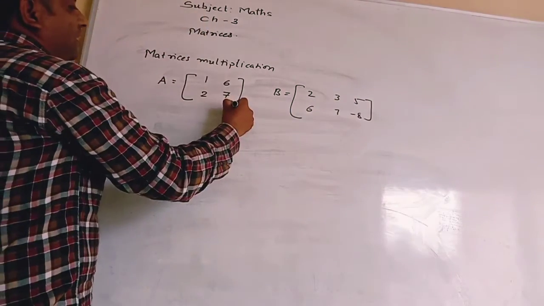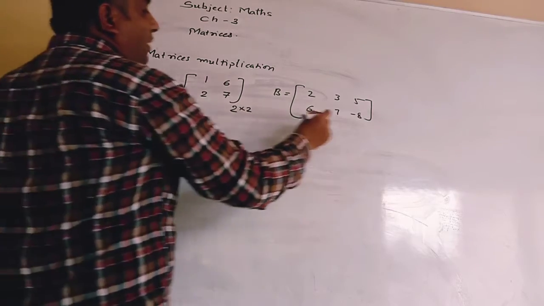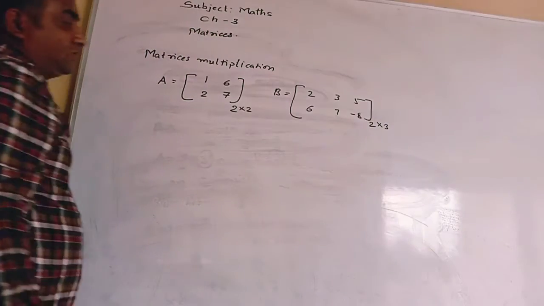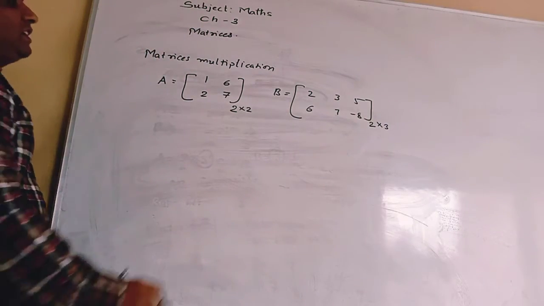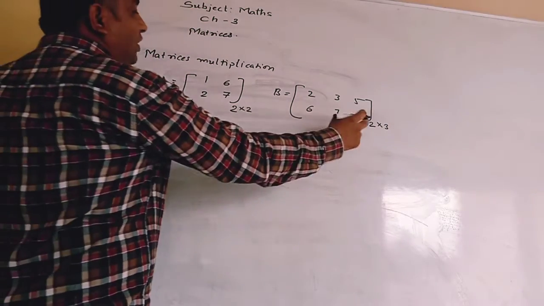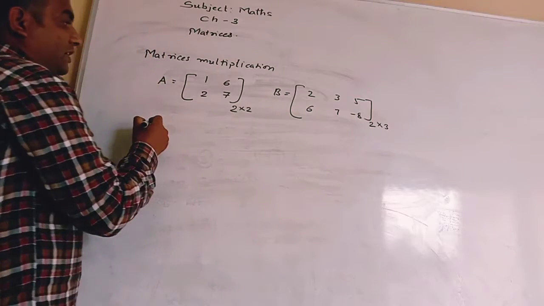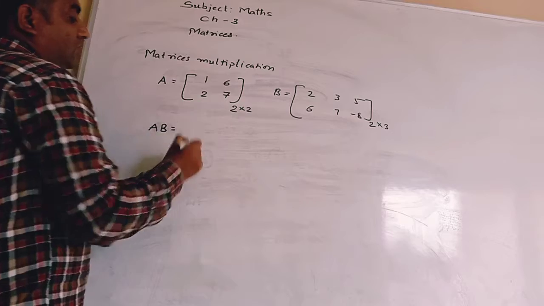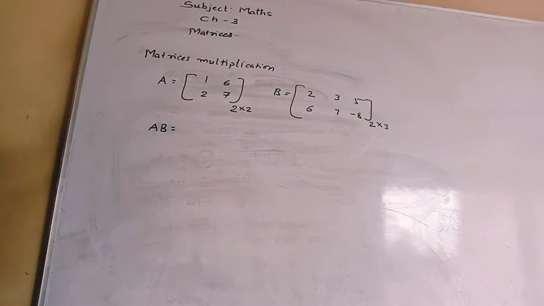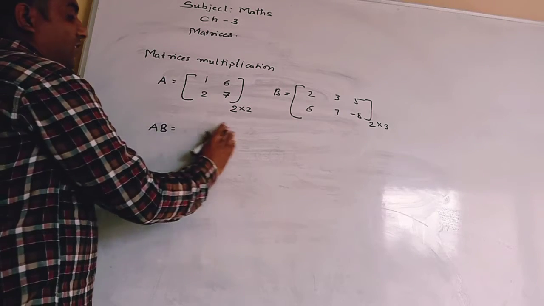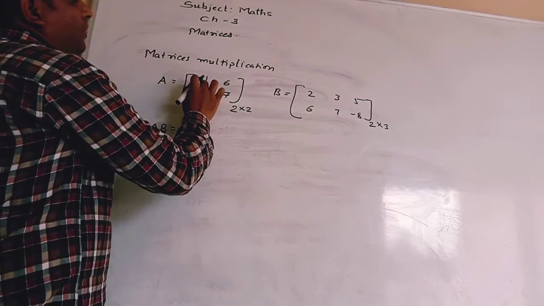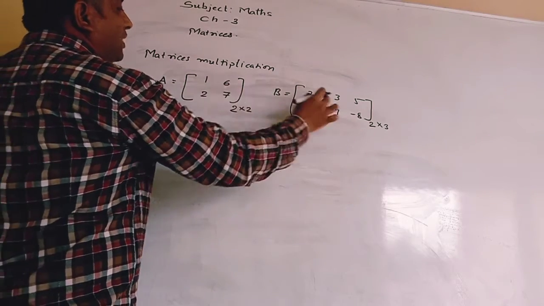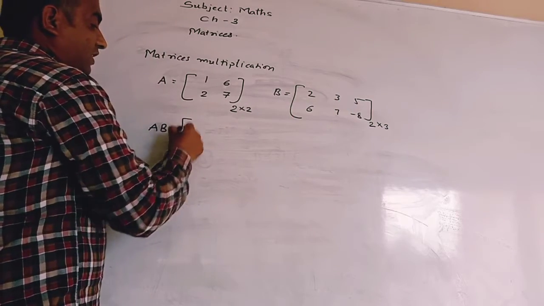Here A's order is 2 cross 2 and B's order is 2 cross 3, so matrix multiplication is possible. So we find AB. For any matrix multiplication, each element is found by multiplying the first row with the first column, the first row with the second column, and in this way.